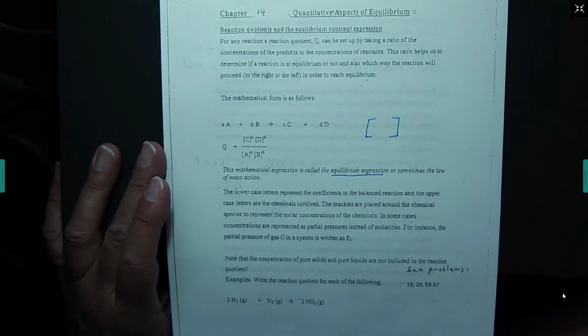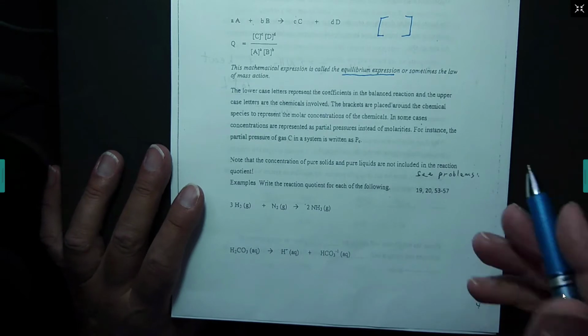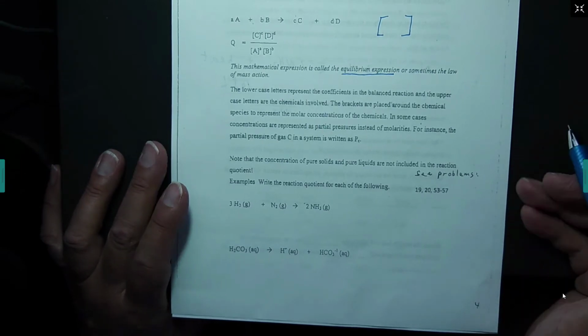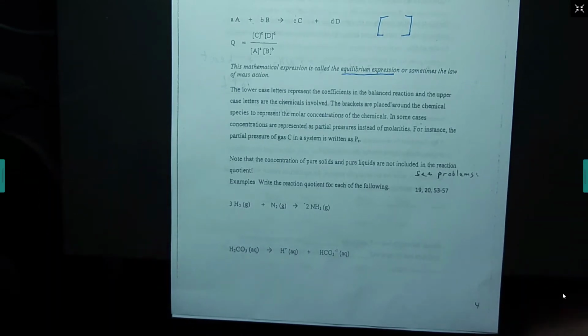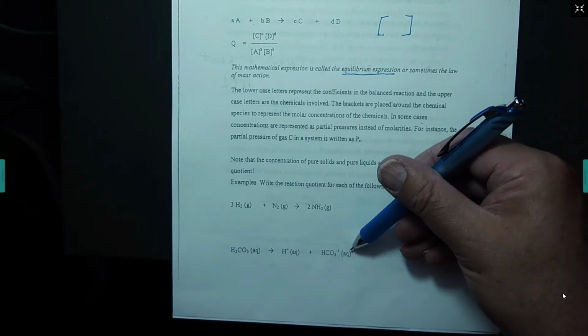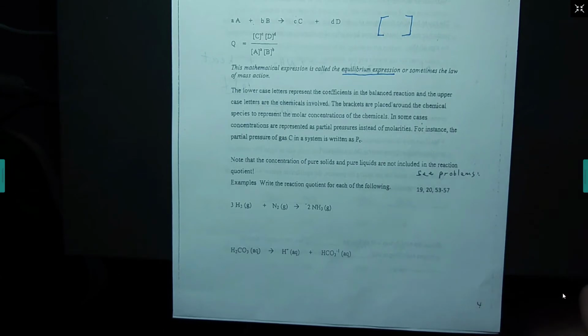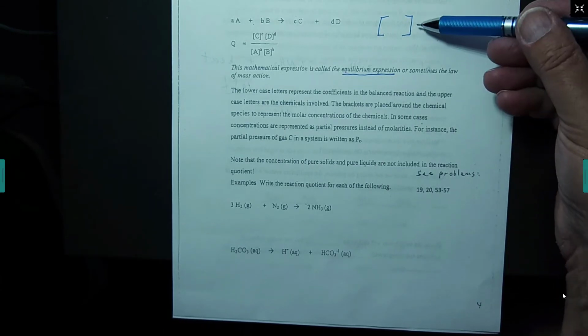Things to keep in mind. Again, the brackets represent molar concentrations. We can represent concentrations as either molarity or partial pressure. Traditionally in chemistry, anything that's aqueous, we're going to represent the concentration with molarity.